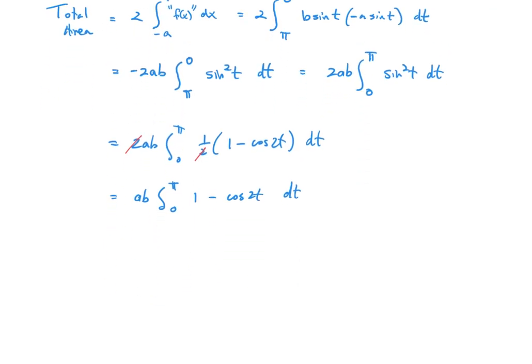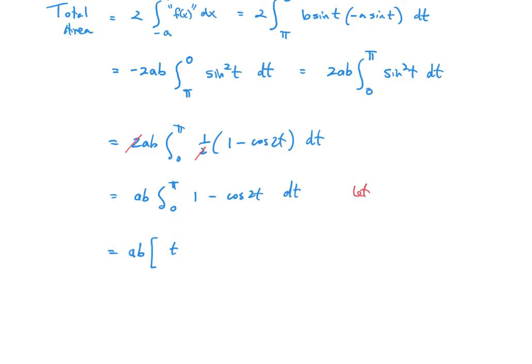All right. So we got our ab out in front. The antiderivative of 1 is just t. We're going to try to find the antiderivative of the negative cosine 2t over here. Let's do a quick u substitution off to the side. So we're going to let u equal 2t.